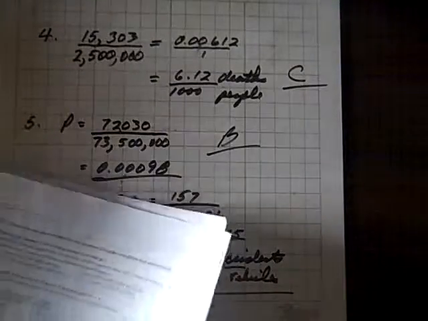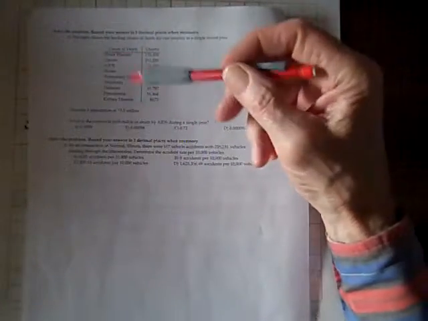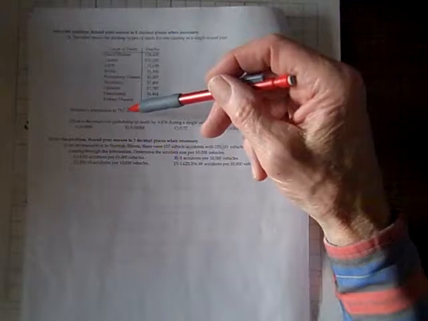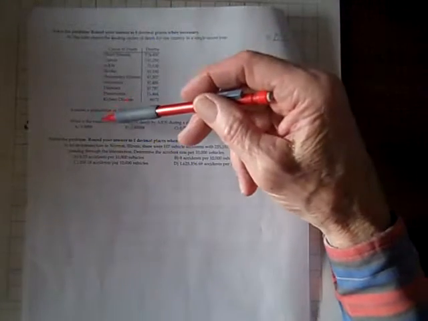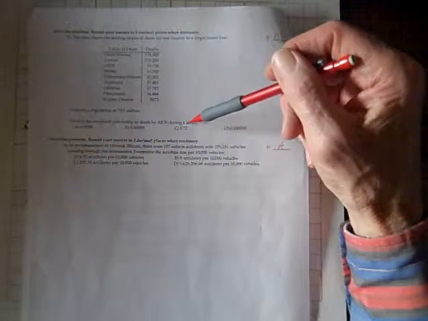Now for 5, in a population of 73.5 million, what is the empirical probability of death by AIDS during a single year?